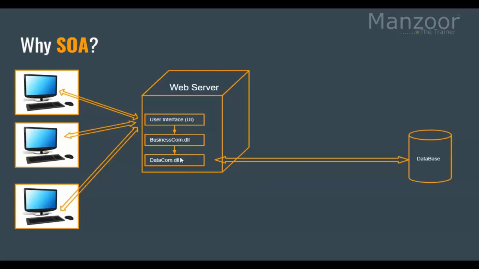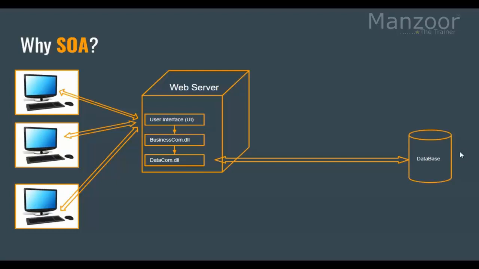So we call them components: business component, data component. So it was in the form of DLL, right? We were adding everything. So all the clients interact with our UI, which interacts with your business logic layer, then the data access layer, then the database. So this was three layered architecture, you can say.